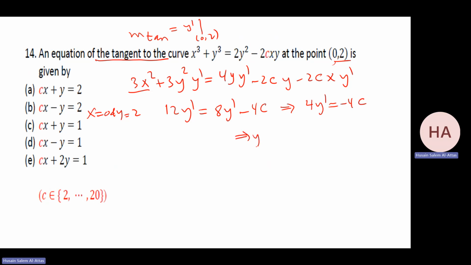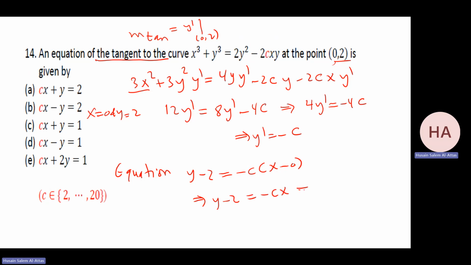That means y prime equals minus c. So the equation is y minus 2 equals minus c times x minus 0. In other words, y minus 2 equals minus cx. So I have cx plus y equals 2.